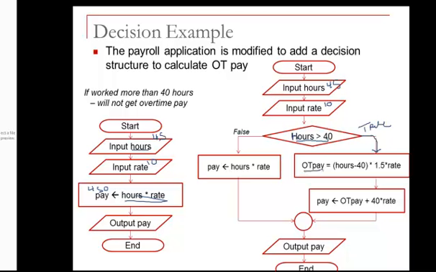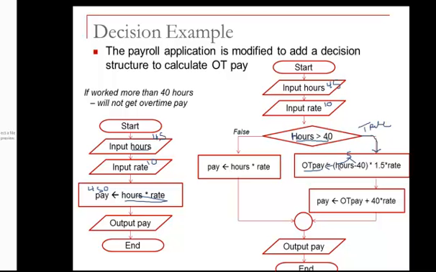That's called OT pay. And so, what are we going to do? We're going to do what's on the right hand side and assign it to this variable OT pay. So what's on the right hand side? Well, we always do parentheses first, correct? So I'm going to calculate hours, 45 minus 40. So this is going to become what? 5, right? So this person gets time and a half for 5 hours.